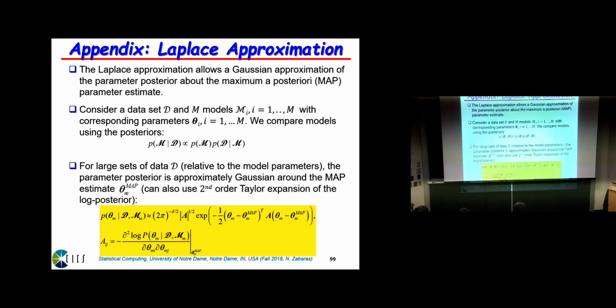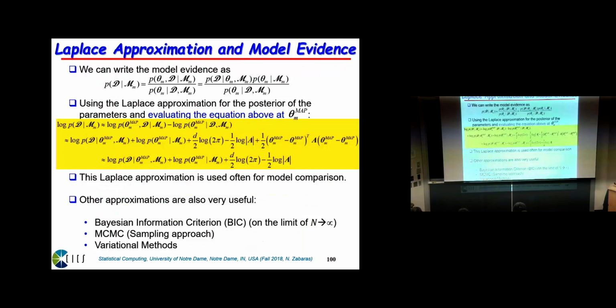You can actually use this Laplace approximation to do model selection. I am not going to go through the derivation; we have already done it. For a particular model M, you can show that the log evidence is given by this wonderful formula.